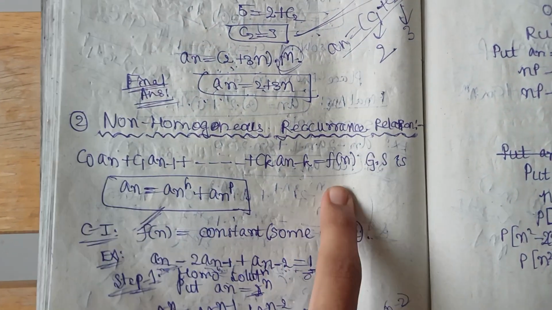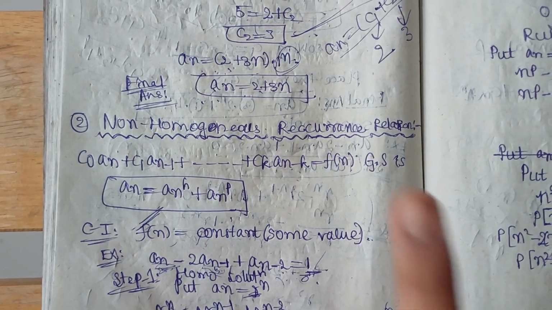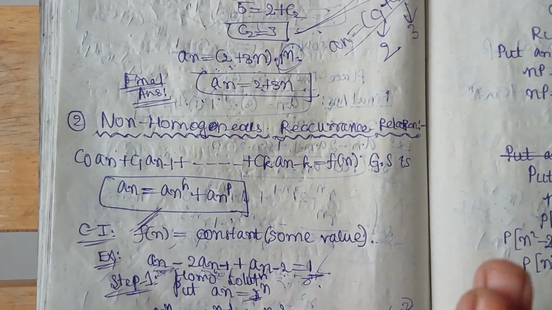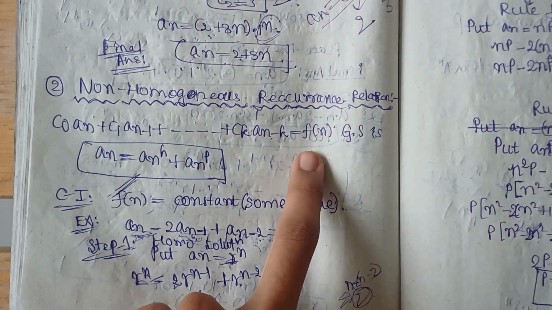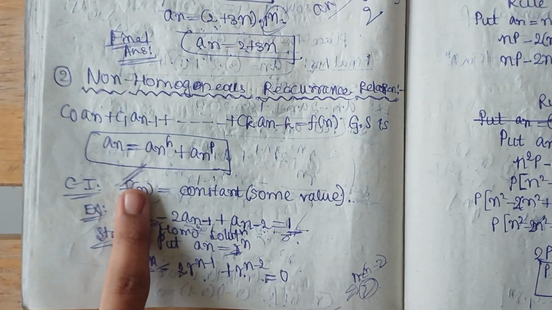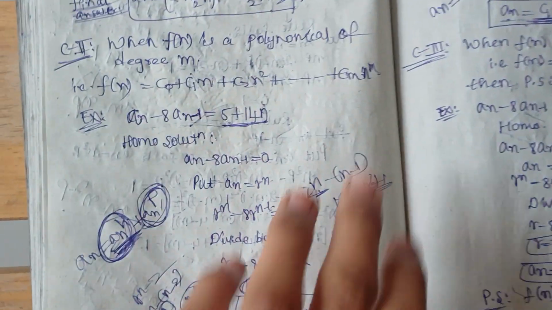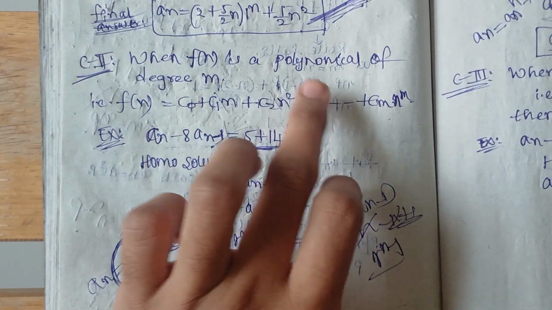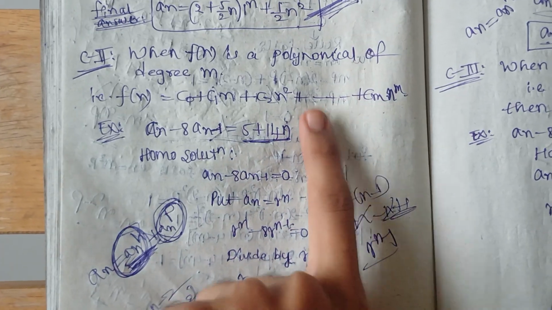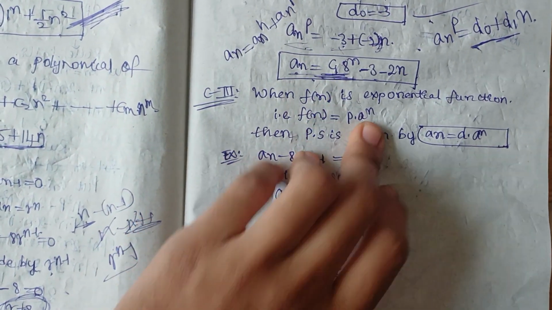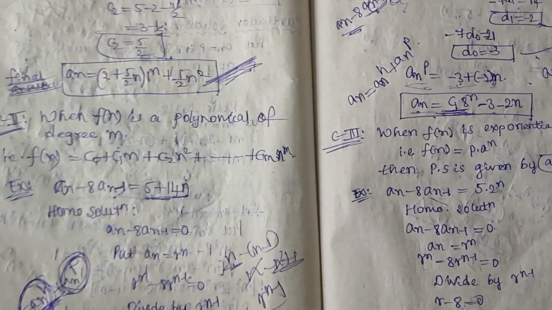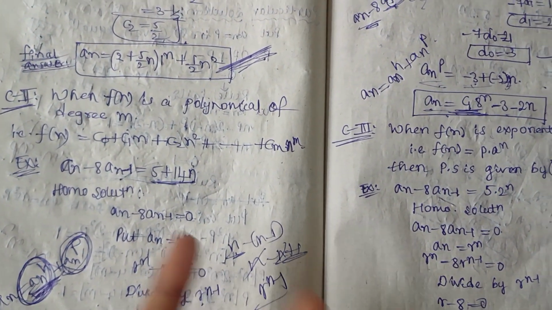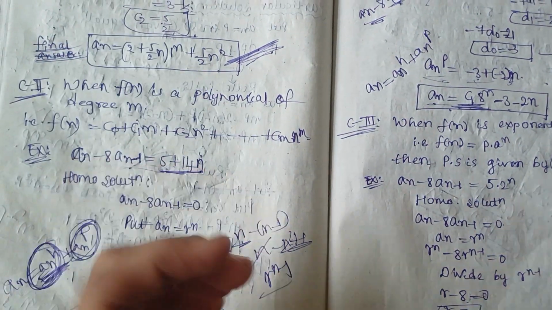There are 3 cases. The first case is when f of n is equal to some constant value, the second case is when f of n is a polynomial of a certain degree m, and case 3 is when it is an exponential function. Based on the type of question, you have to identify whether to apply case 1, case 2 or case 3, and then solve the question accordingly.